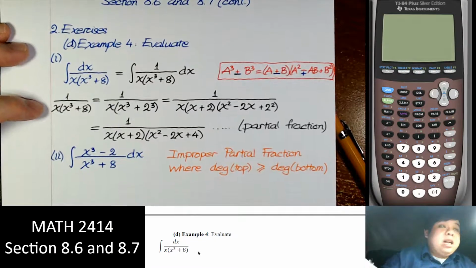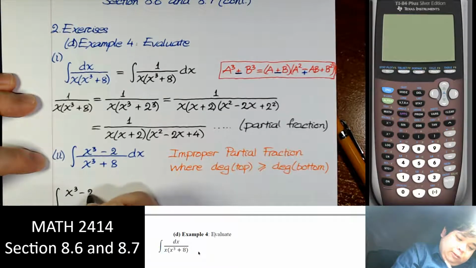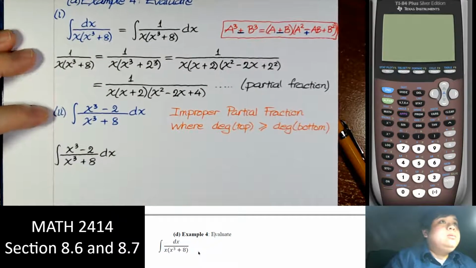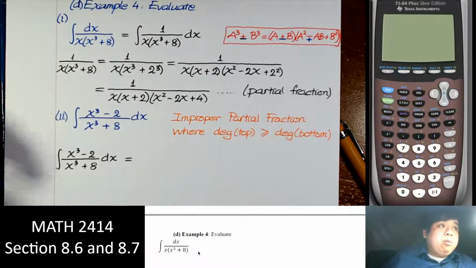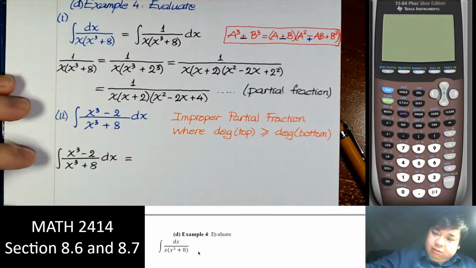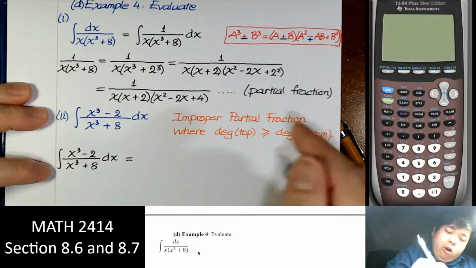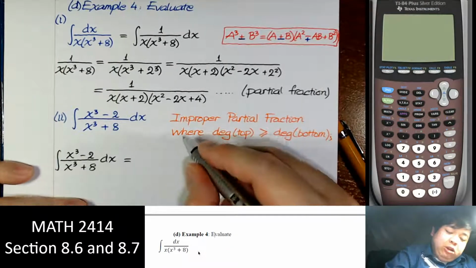What do we do? The bottom is x cubed plus 8. For partial fraction where the degree on top is bigger than at the bottom, we have to divide first.